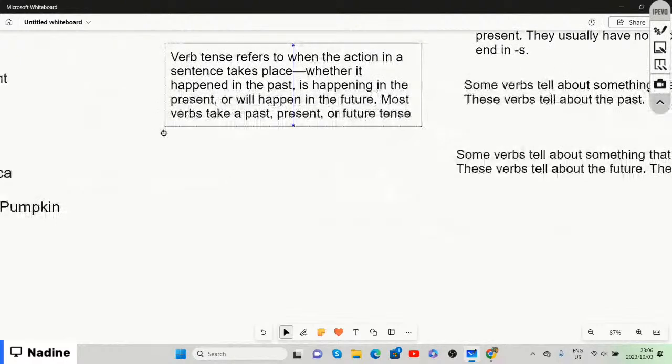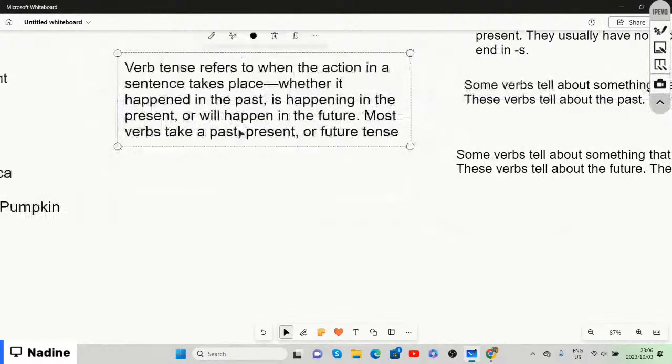All right, so when it comes to verb tenses, verb tense refers to when the action in a sentence takes place. A verb is a doing word. It's the action that takes place in any sentence. And within a completed sentence, there's always a verb.